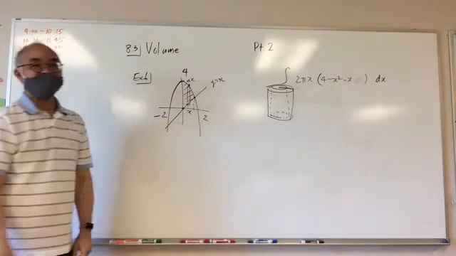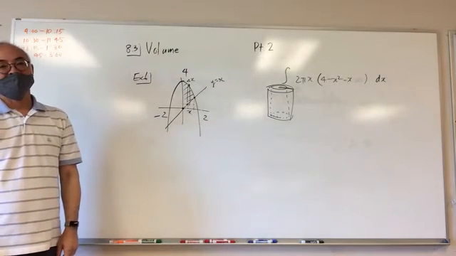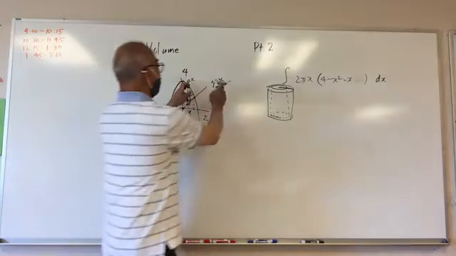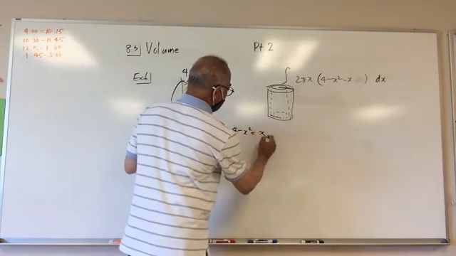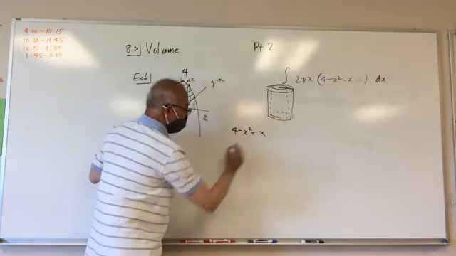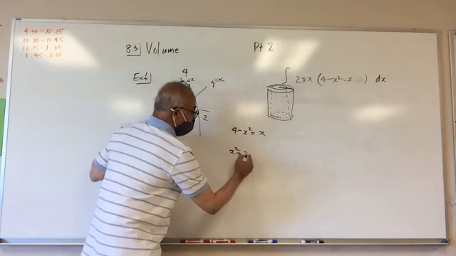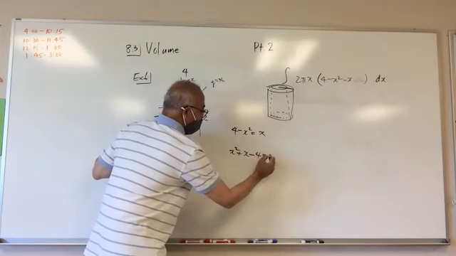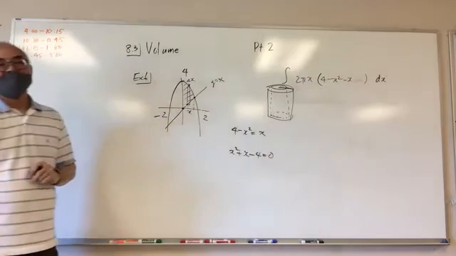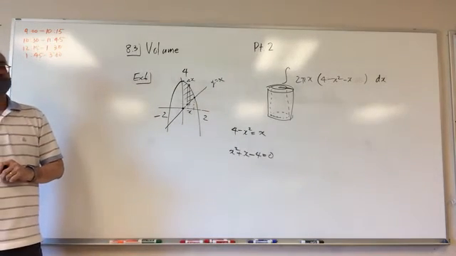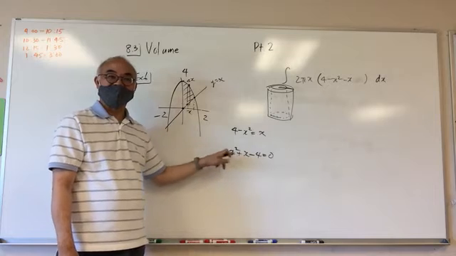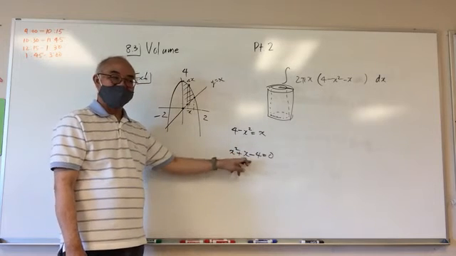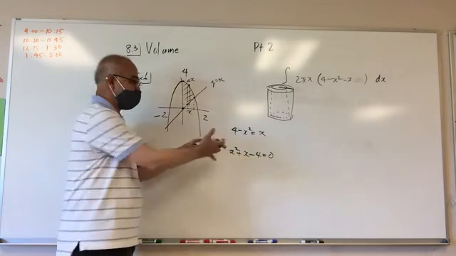So I need to figure this out. This is where these two guys meet, so 4 minus x squared is equal to x. I move everything over and get x squared plus x minus 4, which does not factor out.